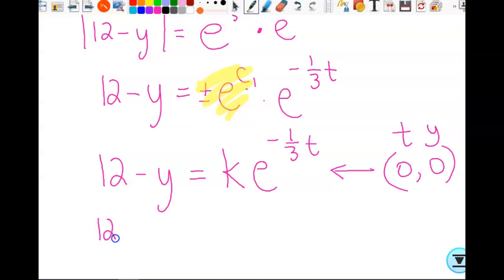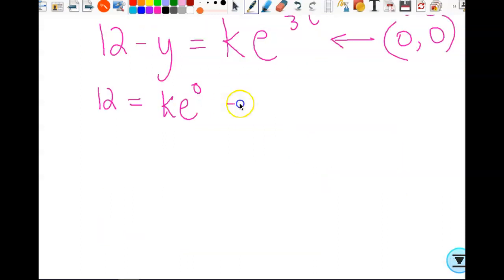So 12 minus 0 equals k times e to the 0. So what's the value of that constant? Good. It equals 12. So I go back to that step and rewrite the equation with the exception that we make a substitution for k.